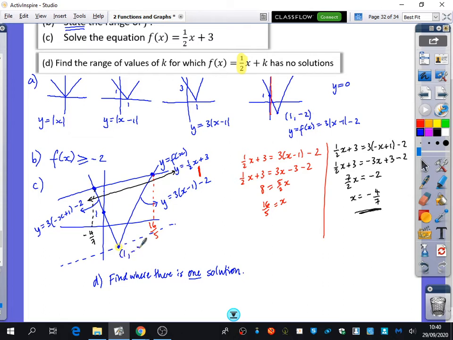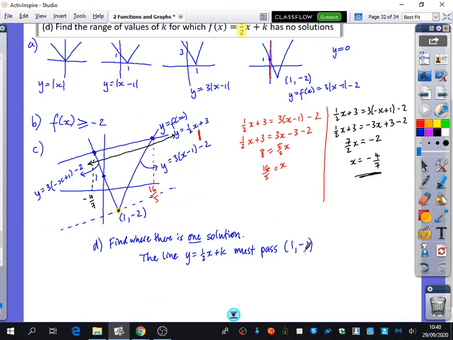So the line y equals a half x plus k must pass through (1, -2). And if it passes through (1, -2), I can literally just substitute in x and y into that equation.